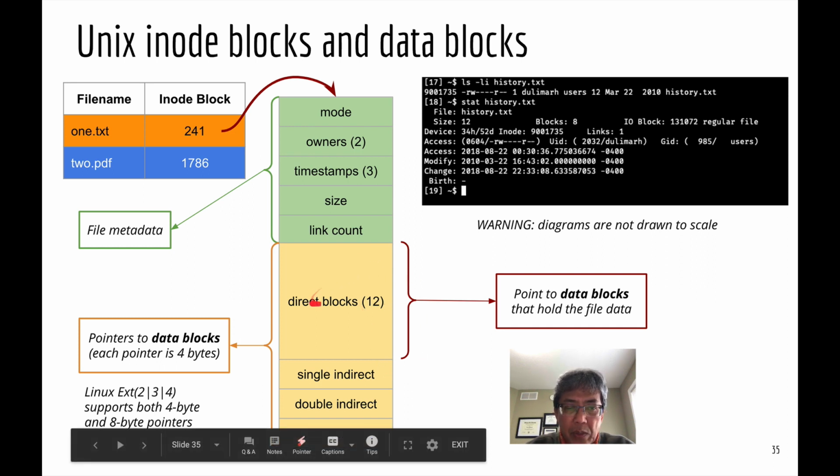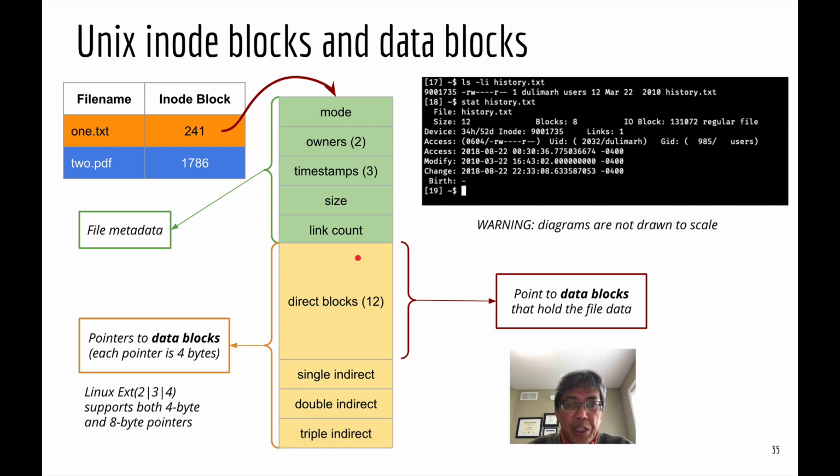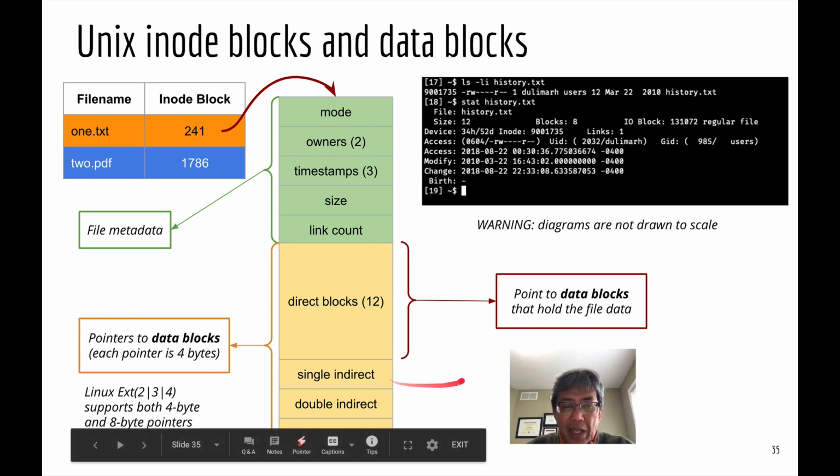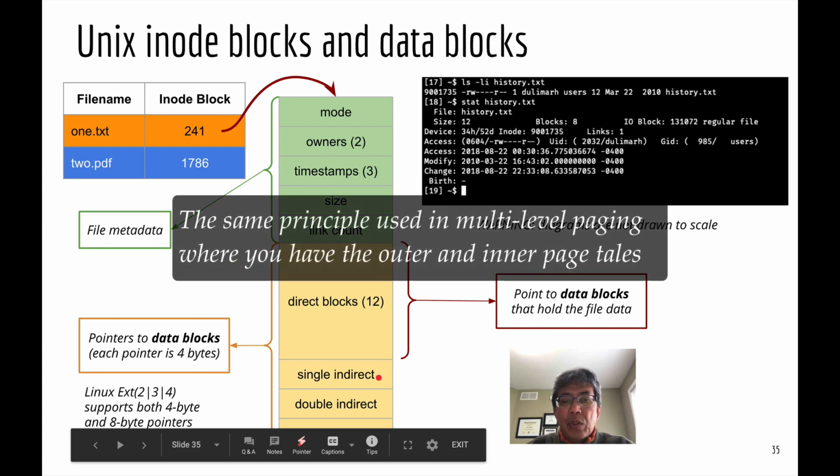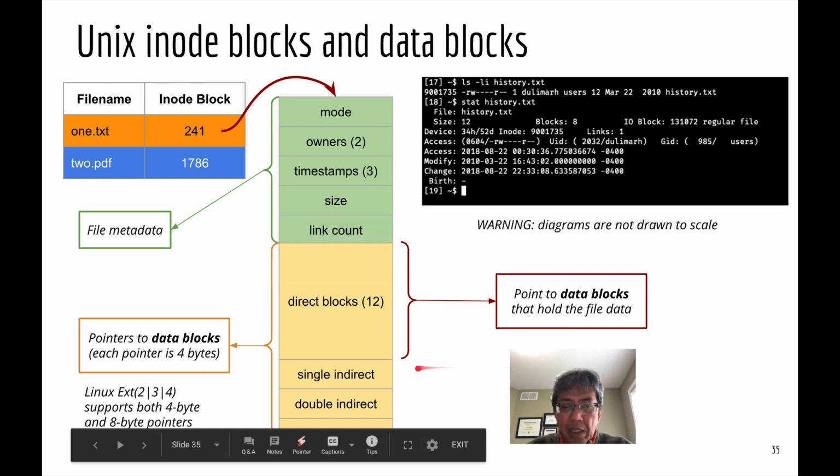The first group is what we call the direct pointer. With a direct pointer, each pointer directly points to your data of the file. But with indirect pointers, and we have 3 of them, each pointer is pointing to a block that holds more pointers to point to more data blocks. So that's why we call them indirect pointers.